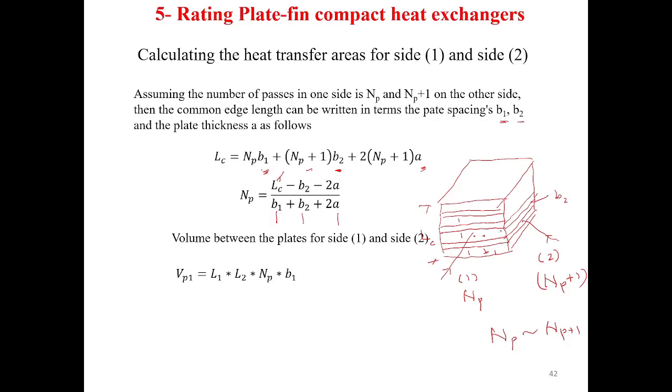The volume between the plates: if you take one plate, for example, if you take this area here, suppose I'm talking about this one now, and I would like to get the volume between the plates, it is going to be L1 times L2 multiplied by NB times B1.